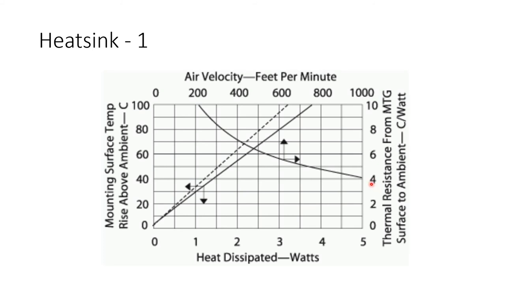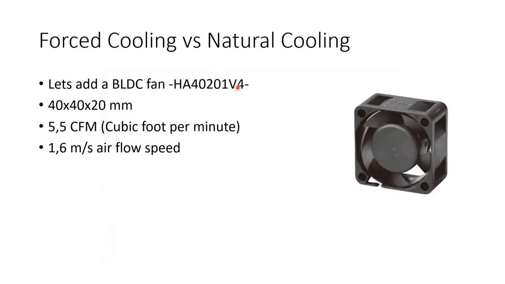If you are using forced cooling or airflow to cool your power electronic device, then you can use the second part of the graph. As I said before, thermal resistance is not a constant value. It depends upon a lot of parameters, and air velocity is one of them. In order to observe the effect of air velocity, I have chosen a BLDC fan, which can be seen on the right hand side.